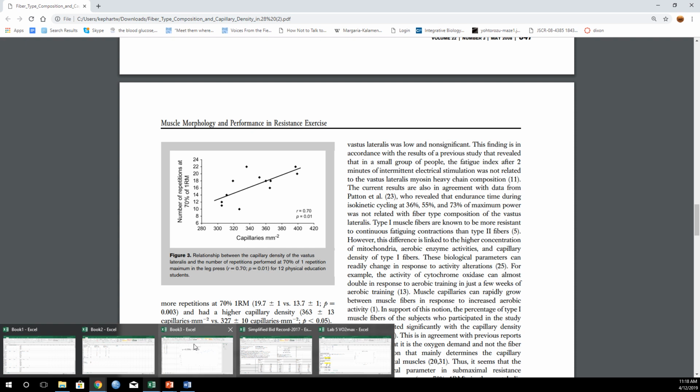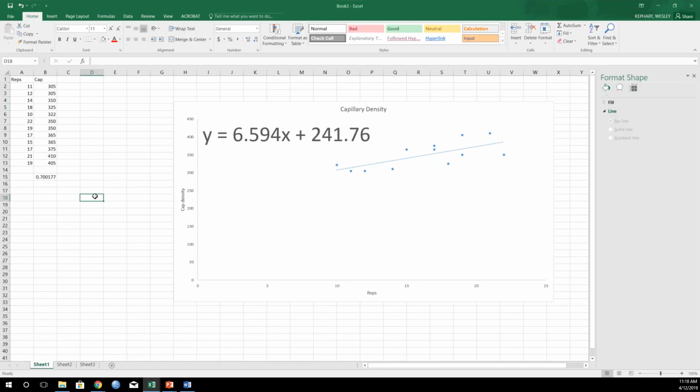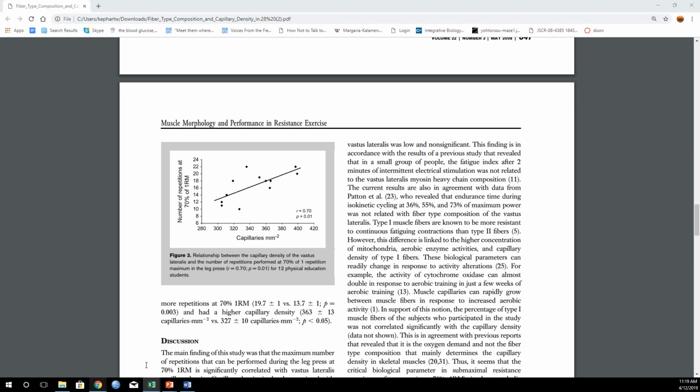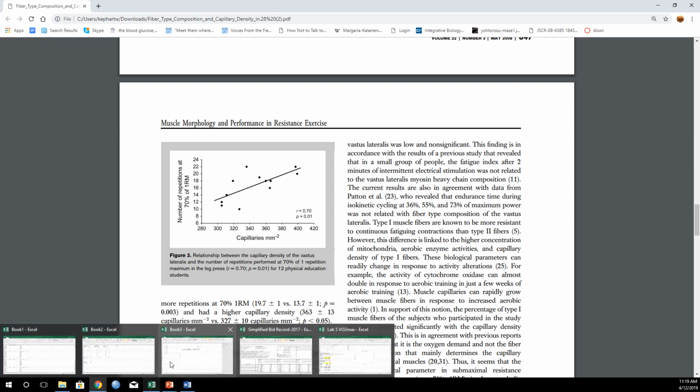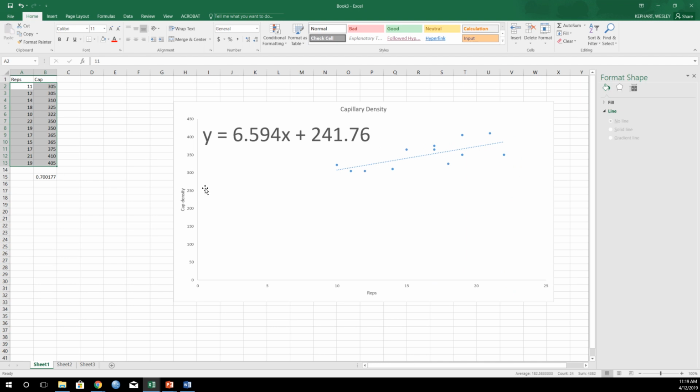Here are the equations that I want you to know. For measuring capillary density, I just re-entered all of their data from that paper. I literally got out a ruler, measured all of this stuff, and figured out that it looks like 11 reps and about a 310 capillary density. So here's what I want you to know.